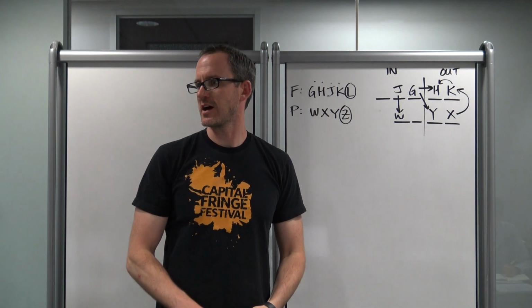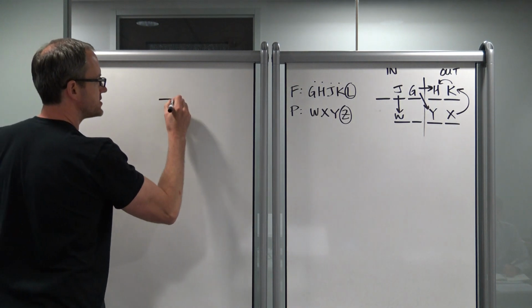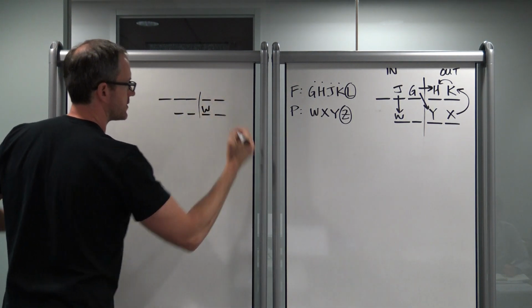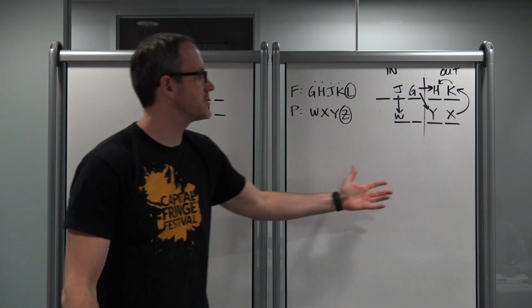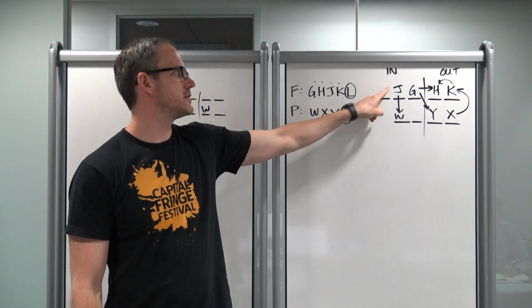Let me just draw this for a half second. So 1, 2, 3, 1, 2, 1, 2, 1, 2. Let's say they tell you W goes out. That's all they tell me. I look over here and ask, what do I know about W? Well, they said if J is in, W's in.